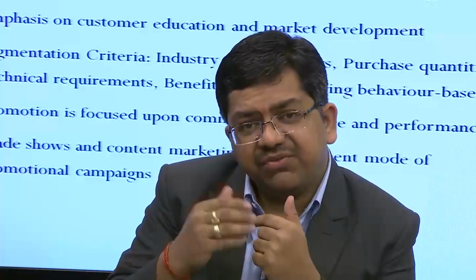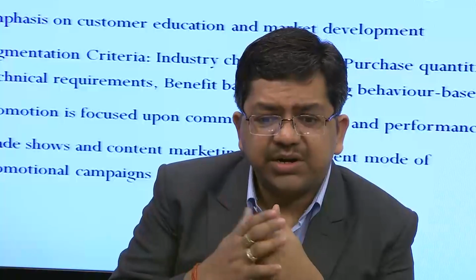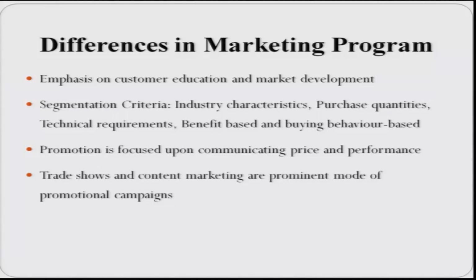When we talk about B2B market, the segmentation is on different criteria, though they are contextualized in the context of the B2B market, again the demographic criteria and the behavioral aspect. So, industry characteristics, purchase quantities, technical requirements, benefit based and buying behavior, these are the things which form the basis of segmentation in industrial markets.